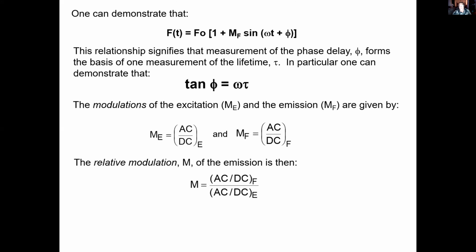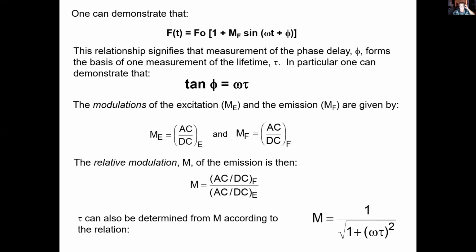The relative modulation is then the ratio of these modulations for the fluorescence over the excitation. In fact, tau can also be determined from modulation according to the relation: the relative modulation is 1 over the square root of 1 plus omega tau squared.